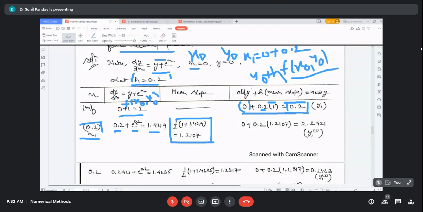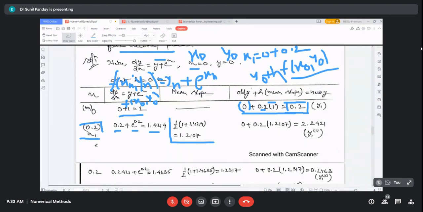Actually, if I write here, this is f of xn yn, and f of xn yn is yn plus e raised to power xn.